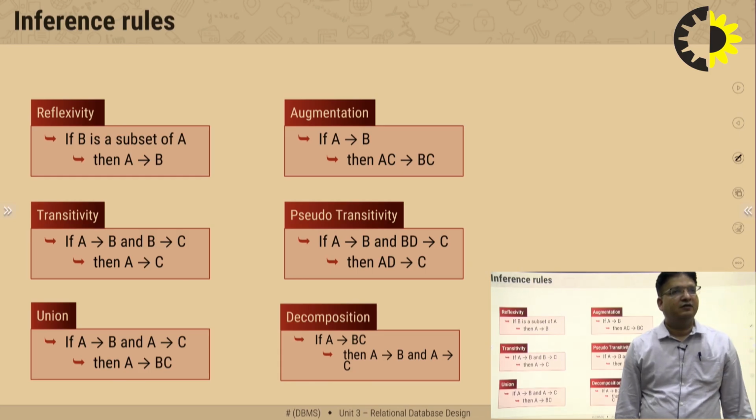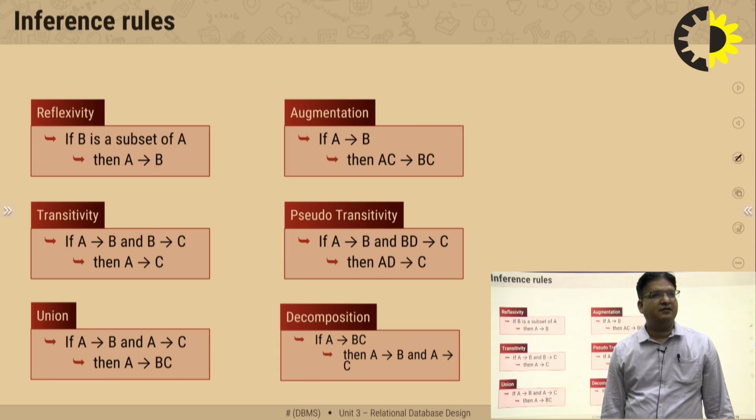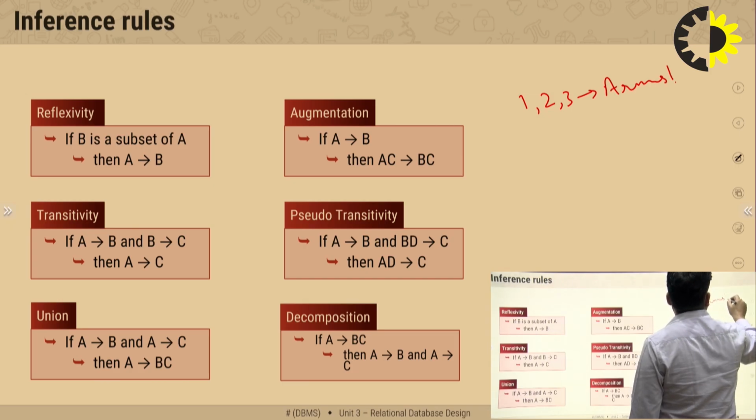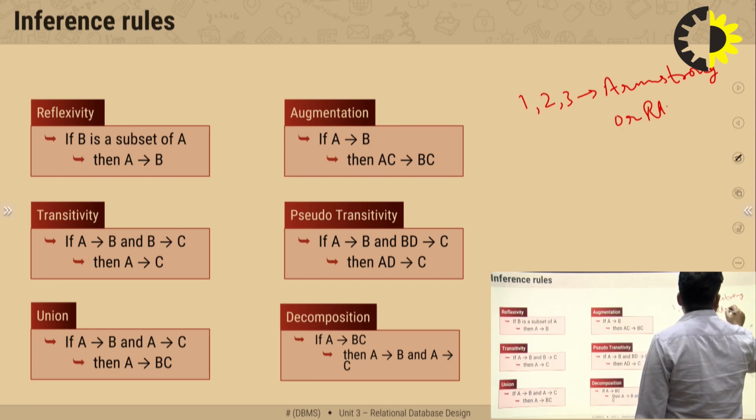So these are the 6 inference rules that we are going to use, and among these, 1, 2 and 3 are Armstrong or RAT axioms.